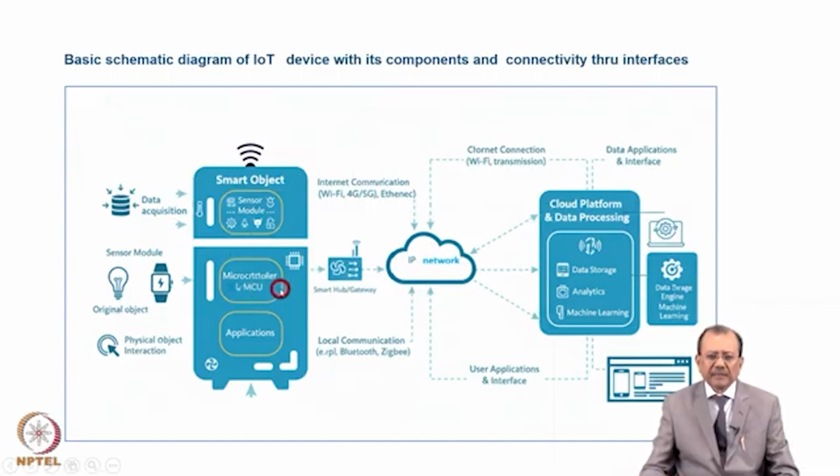So instead of sending the entire data to the cloud on the right hand side, you need an intermediate processing system. We call it edge computing. This requirement of edge computing was felt a few years back, and it has become quite generic whenever we try to implement IoT in an industrial setting.